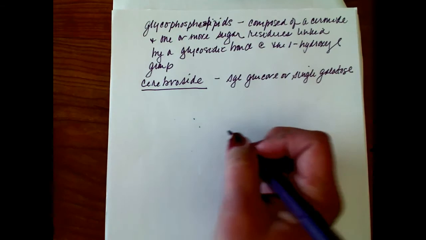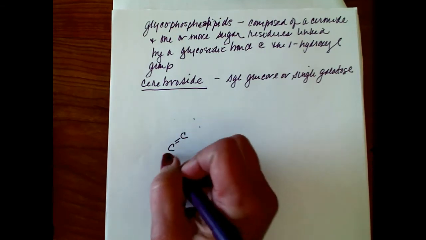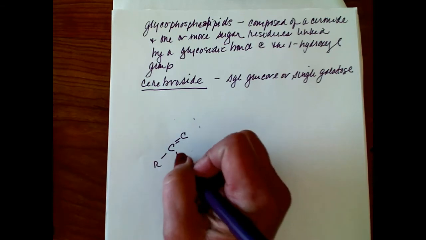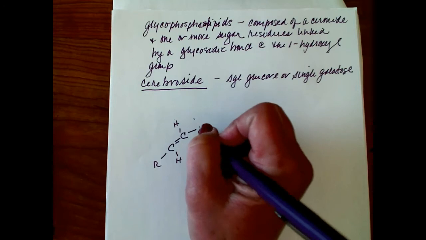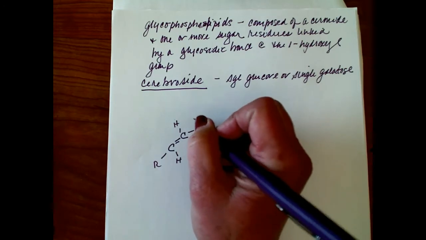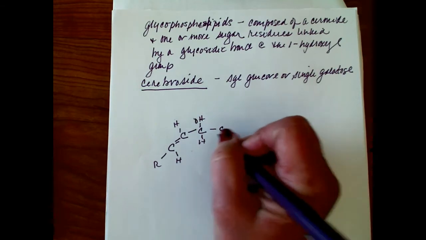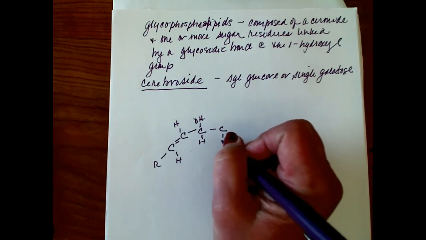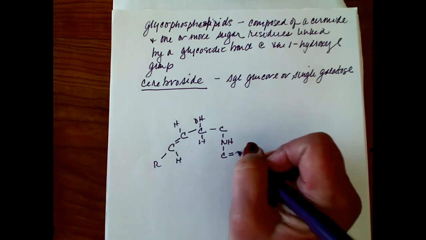And so that would look like, again, I'm just going to shorten the structure by representing that alkyl group in that manner. So again, we still have that fatty acid attachment here because we're starting with the ceramide.